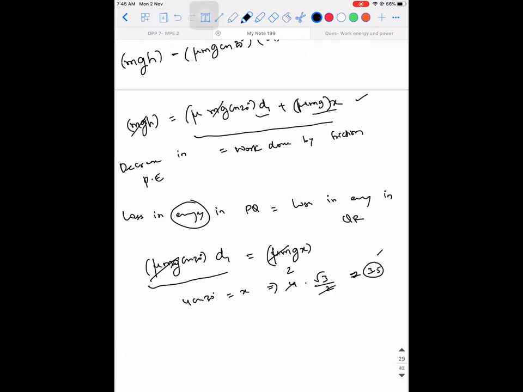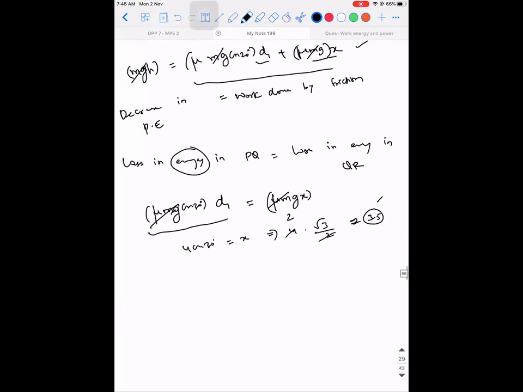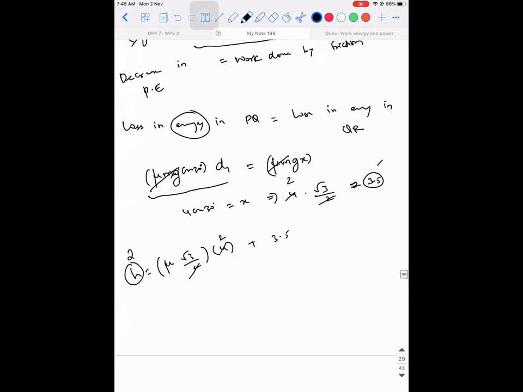Mg gets cancelled. So what will you get? H is equal to mu into cos 30, that is root 3 by 2, into D1 which is 4 plus x which is 3.5. So this will cancel 2 times. So this is already 2.